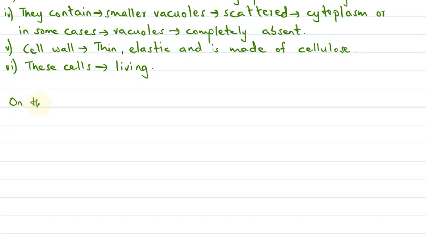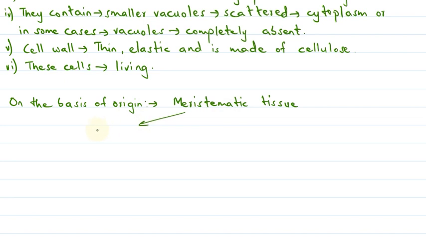Based on the origin of meristematic tissues, they can be of two different types. One type is the primary meristematic tissue, and the second one is the secondary meristematic tissue.